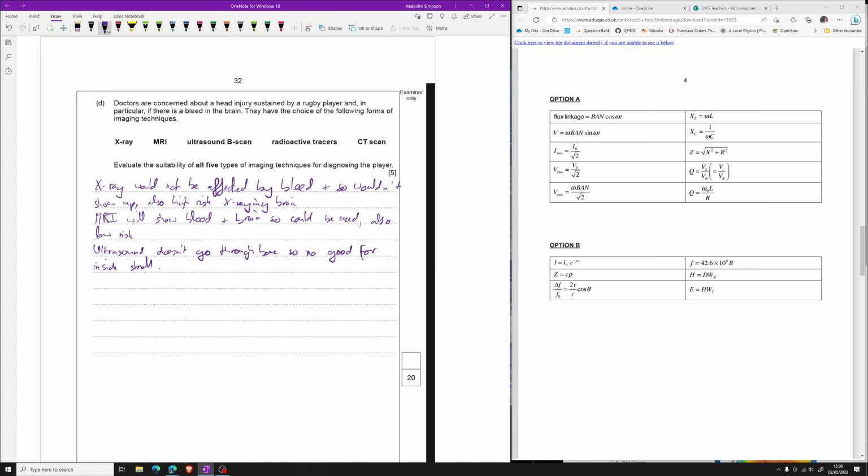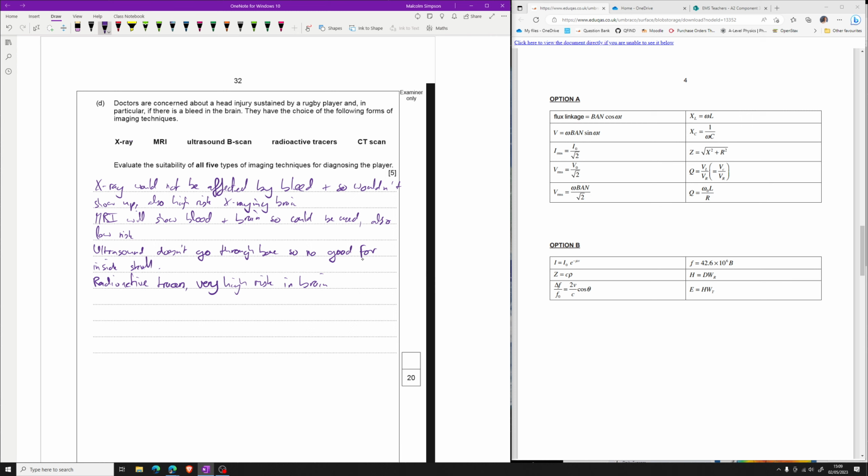Radioactive tracers could be used arguably. Could they though? Very high risk in brain. And I'm not 100% sure it would be effective either.